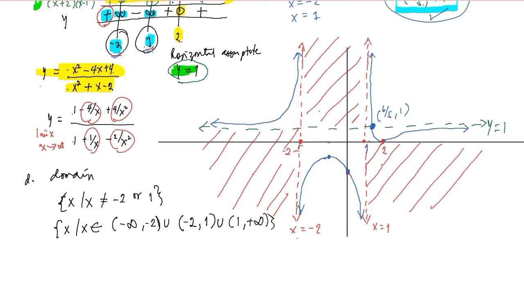So medyo masalimuot lang yung mukha. Pero as we can see here, parenthesis yung ginamit ko dito, ibig sabihin, hindi kasama si negative 2 at si 1 doon sa ating domain. Yun lang naman yung ibig sabihin. Ito lang rin yun. And how about our range?